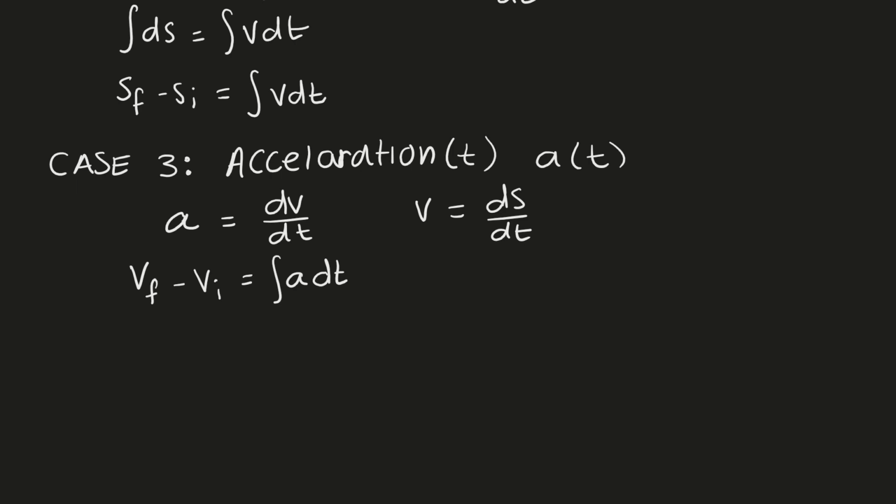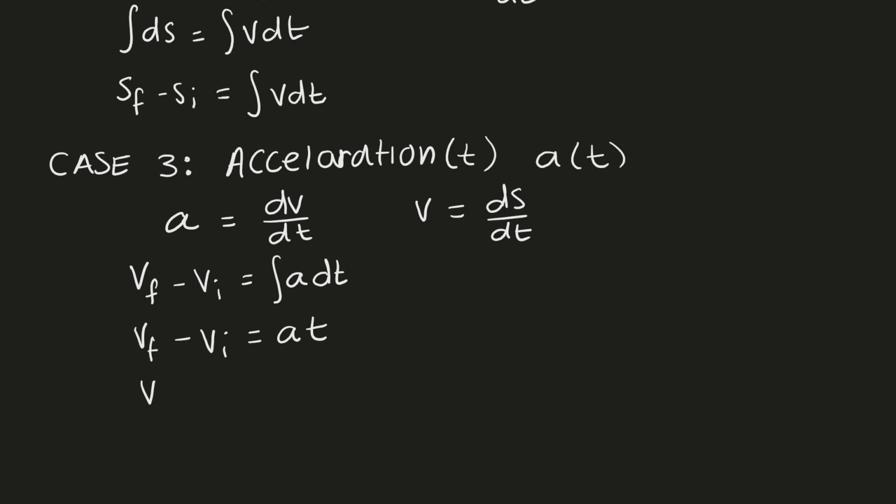Now, if we assume that a is constant, we could bring a outside of the integral. Doing so would give us something that looks like this, equals a, and then if we took the integral of just plain old dt, what do we get? Well, by taking the integral of dt, we just get t.